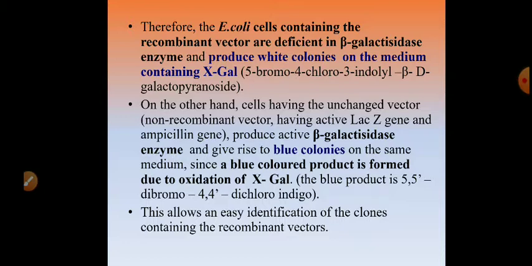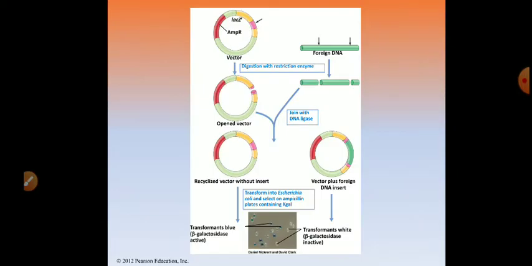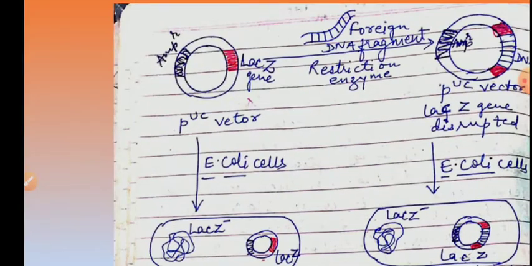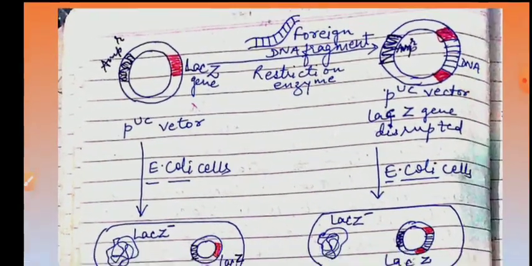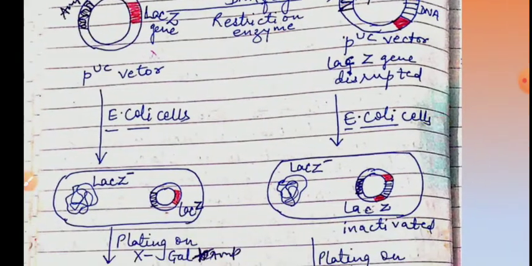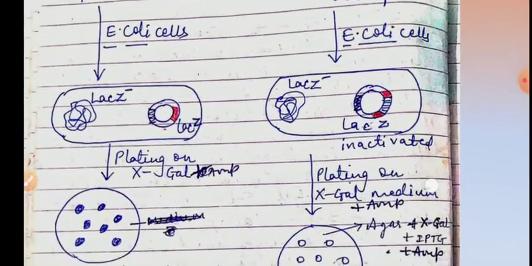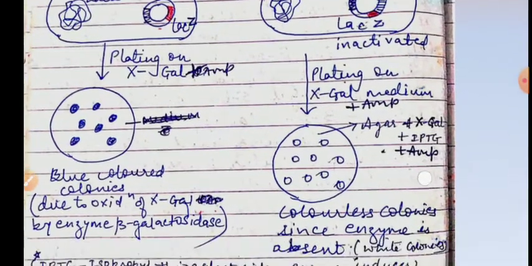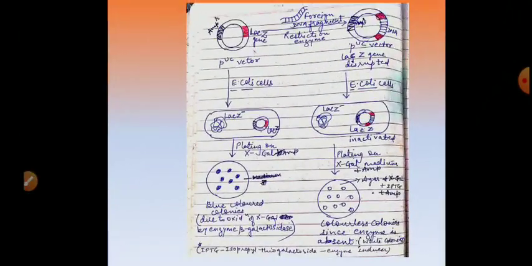When lacZ gene is intact, beta-galactosidase enzyme is produced and the enzyme acts on the X-gal. So white colonies are produced by desirable clones, blue colonies are produced by undesirable clones. So if you have disrupted the lacZ gene and inserted the foreign gene inside it, it will produce white colored colonies on medium which contains X-gal.